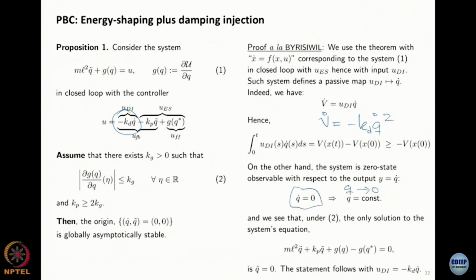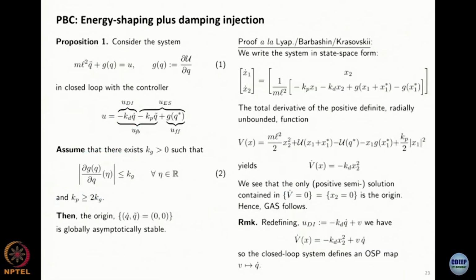In this case, actually, if I write Q dot equal to 0, that will go away, and I have this equal to 0. And the only solution of this equation is Q equal to Q star. And it is the only solution, once again, due to the condition that I'm imposing on Kp. So it has to do with making Q star the only minimum.